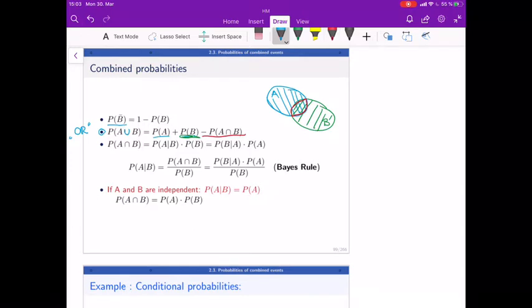The one that we just had is this one. So the probability of A and B, or A intersection B, is the probability of B times the probability of A, given that B is true.